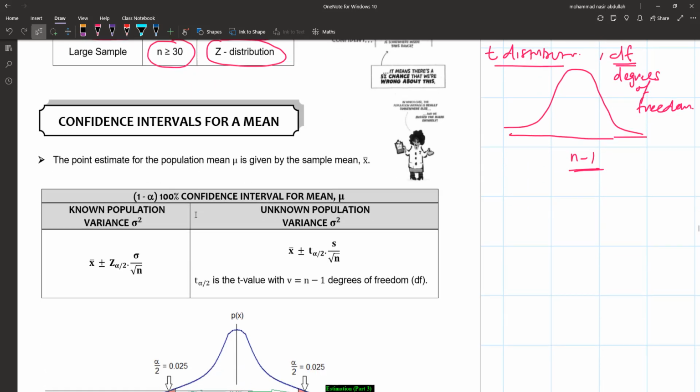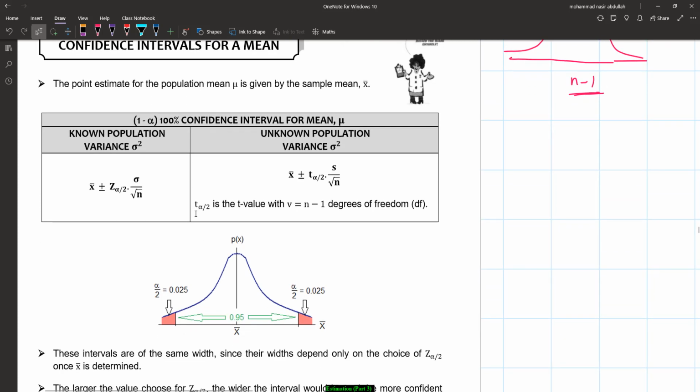So now let's look at the confidence interval for a mean. The point estimate for the population mean is given by the sample mean, x bar. So x bar for known variance and unknown variance.